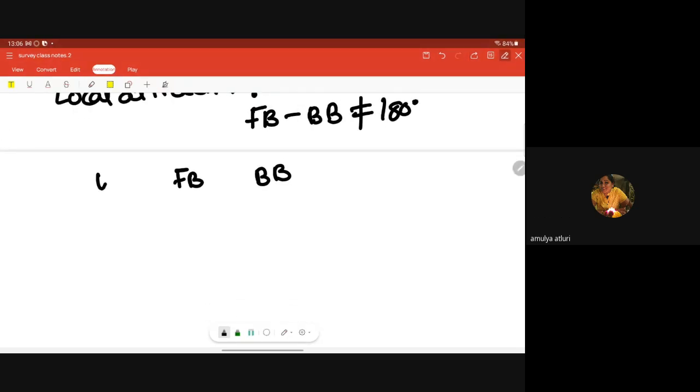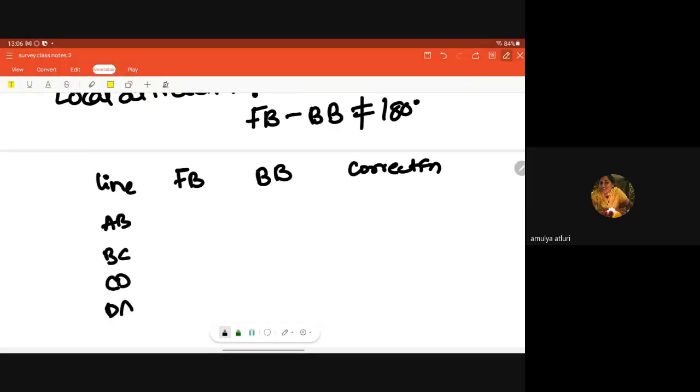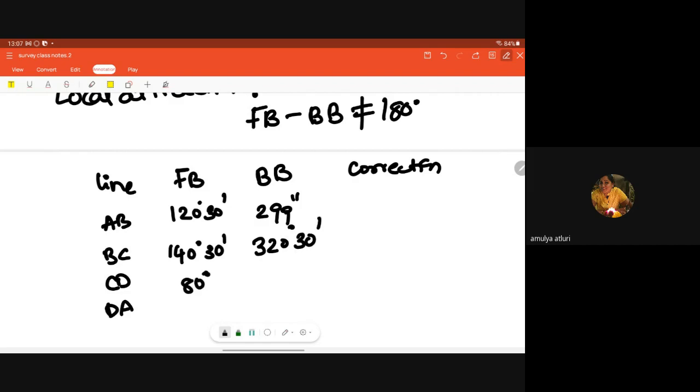Let's see the line, forebearing, back bearing, and the correction. Lines AB, BC, CD, DA with values 120 degrees 30 minutes, 299 degrees 30 minutes, 140 degrees 30 minutes, 320 degrees 30 minutes, 80 degrees, 261 degrees, 100 degrees 30 minutes, 281 degrees.